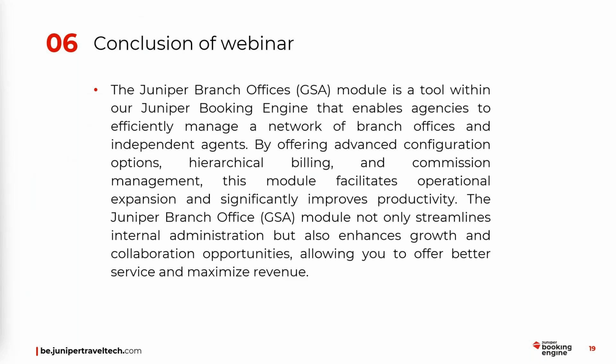This module facilitates operational expansion and significantly improves productivity. The Juniper Branch Office GSA module not only streamlines internal administration, but also enhances growth and collaboration opportunities, allowing you to offer better service and maximize revenue.